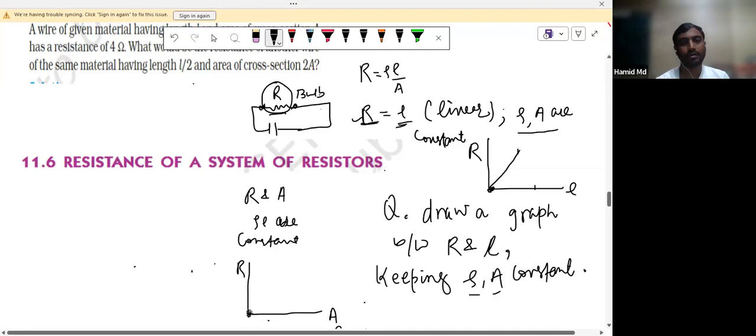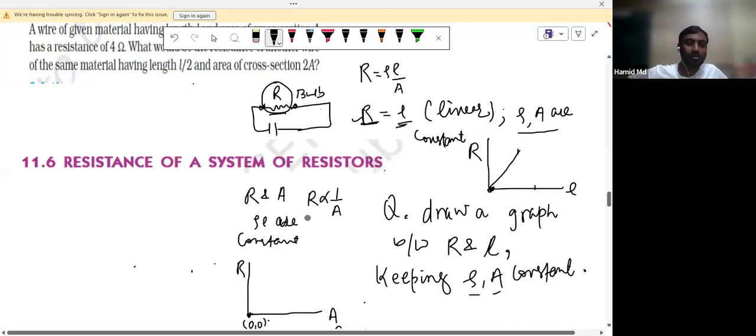This is the origin now, so this point is 0, 0, right? Our relation R is like that, if I write it as 1 over A, right?